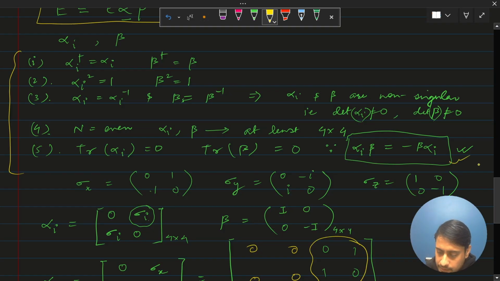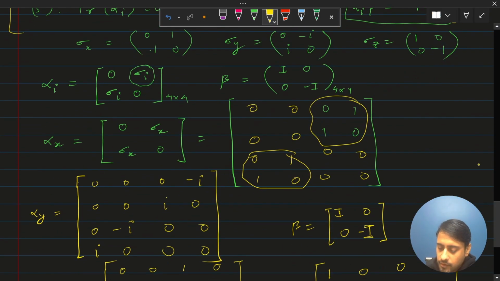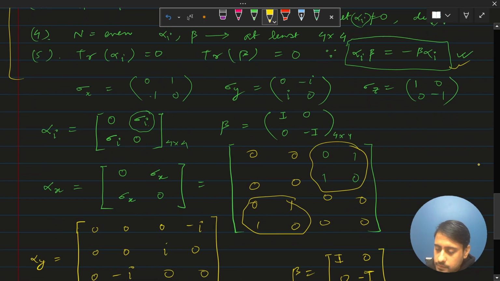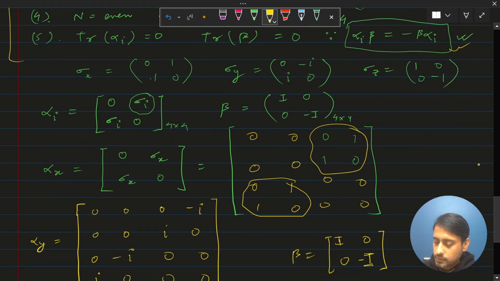So the 4 cross 4 matrices of alpha i and beta, which can be a possible solution to this, was estimated using the 2-dimensional condition of the Pauli matrices.